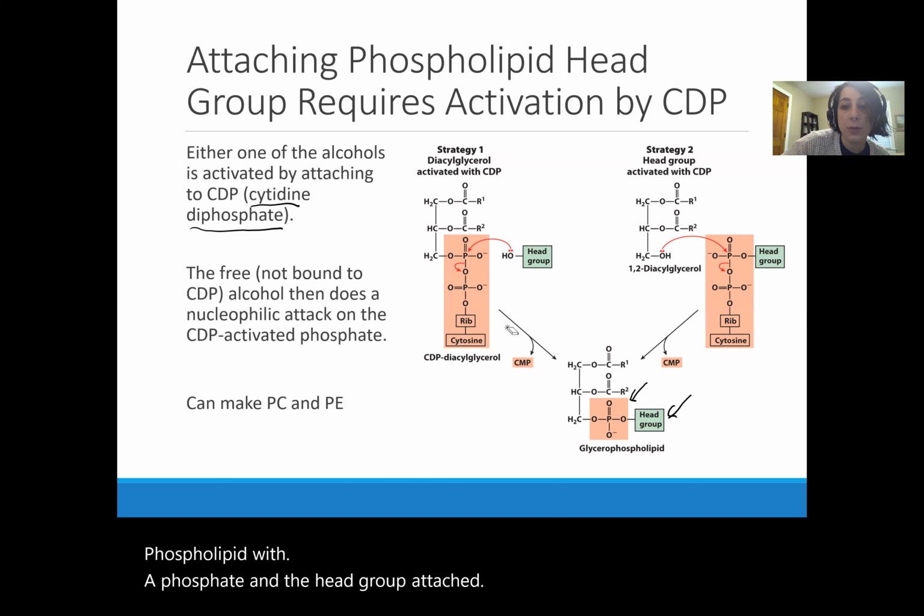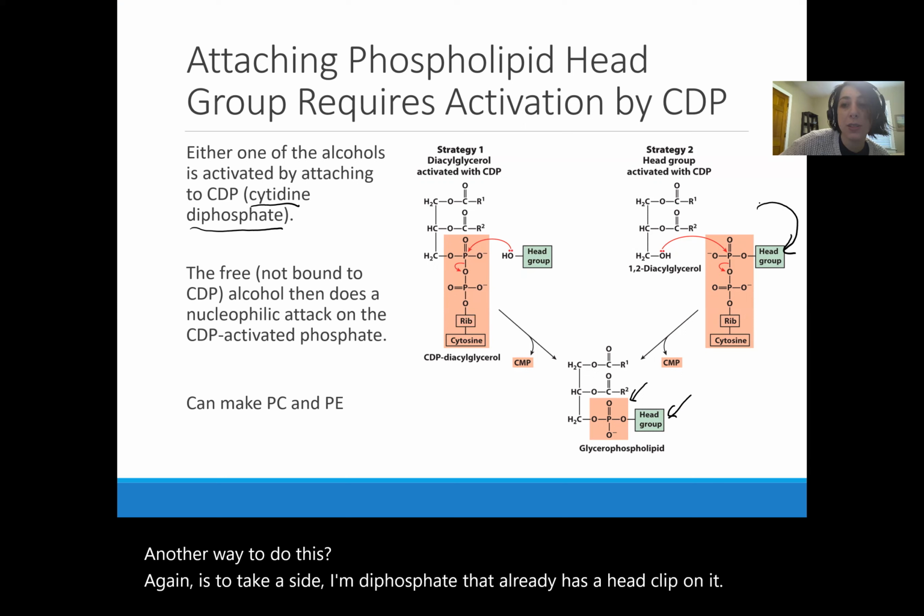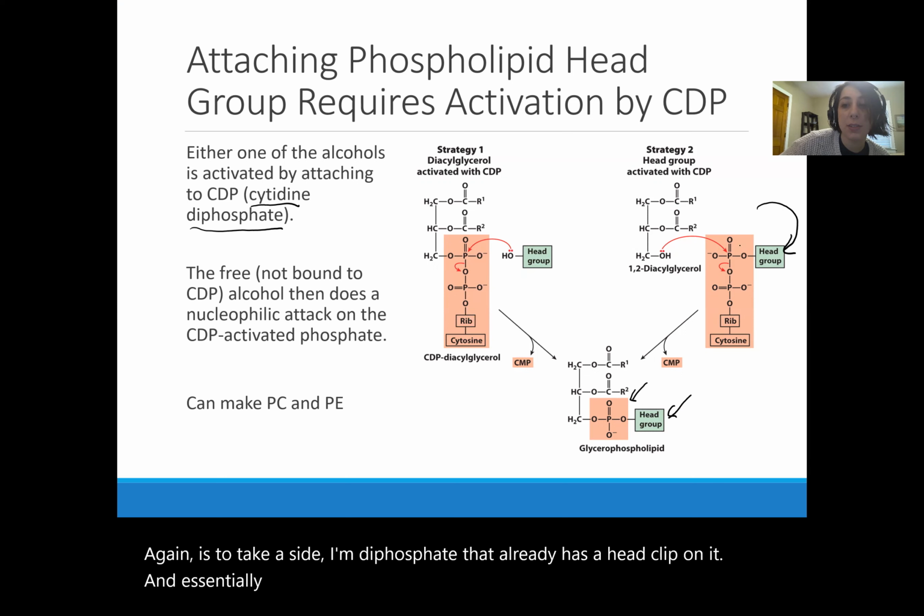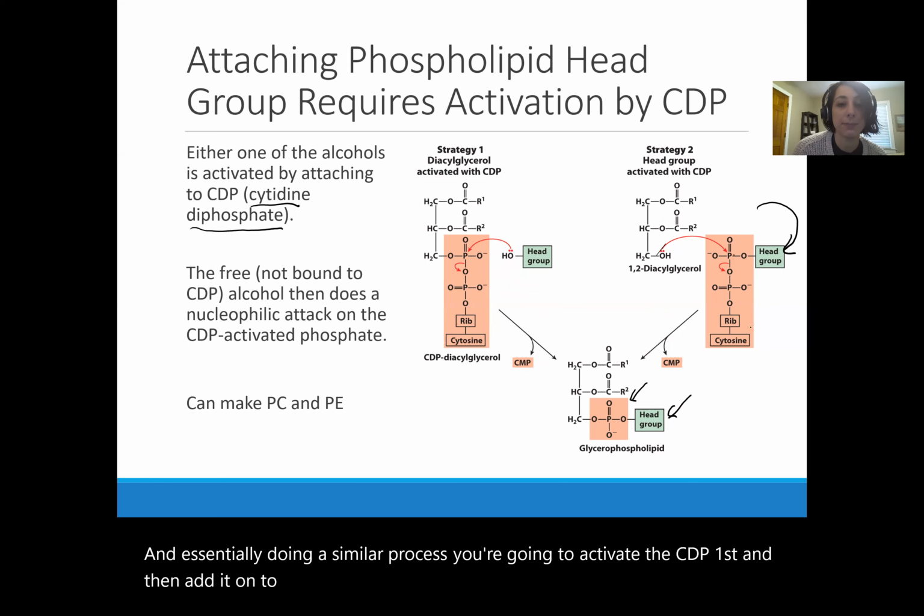Another way to do this, again, is to take a cytidine diphosphate that already has a head group on it, and essentially do a similar process. You're going to activate the CDP first and then add it onto the diacylglycerol.